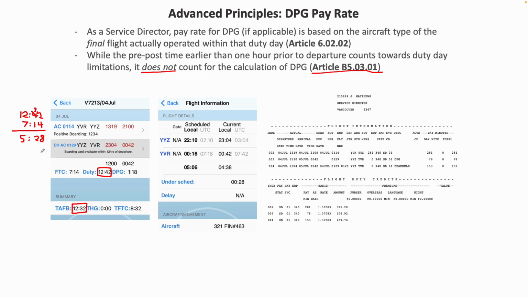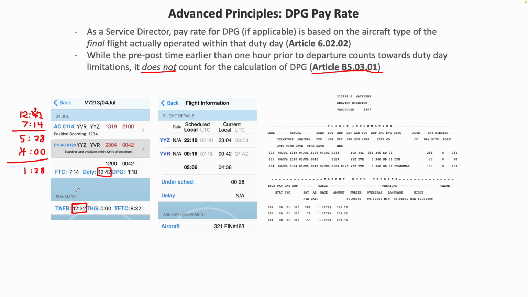We know because of the rules of duty day minus 4 that we are supposed to have only 4 hours of difference between our FTC and our total pay. So if we subtract 4 hours from 5:28, then you would think that we would get a top up of 1 hour and 28 minutes in most cases.